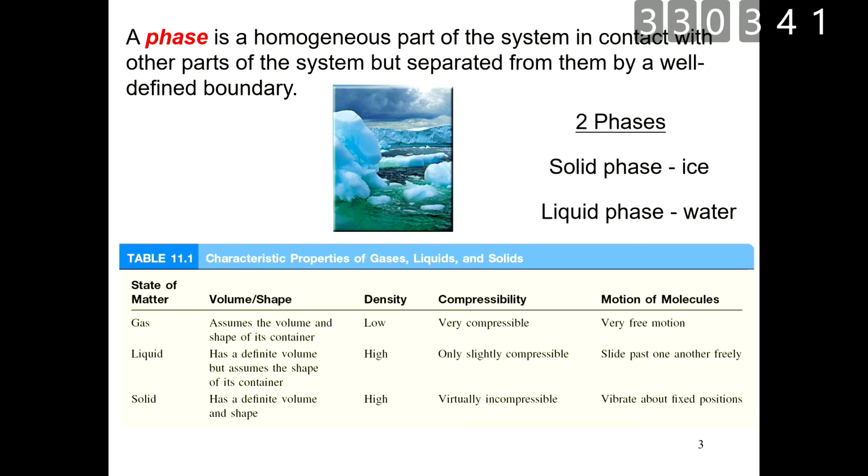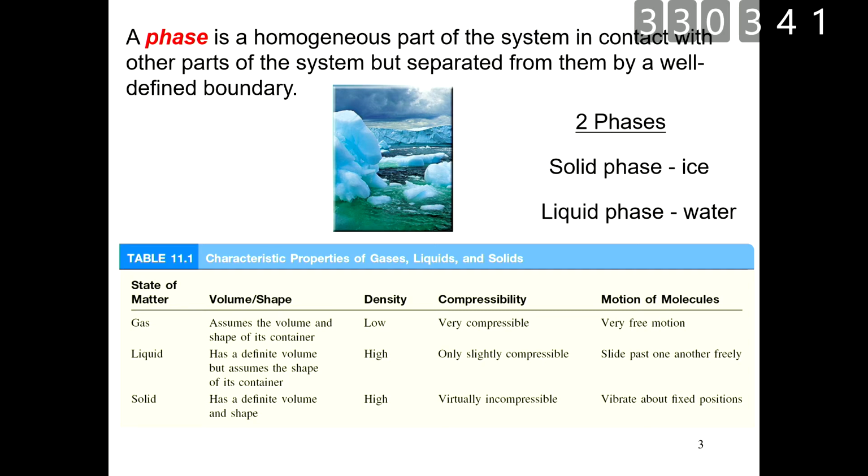So a phase is a homogeneous part of the system in contact with other parts of the system, but separated from them by a well-defined boundary. For example, in this picture of water, how many phases? Yeah, two phases, right? The solid phase is ice, and the liquid phase is water.